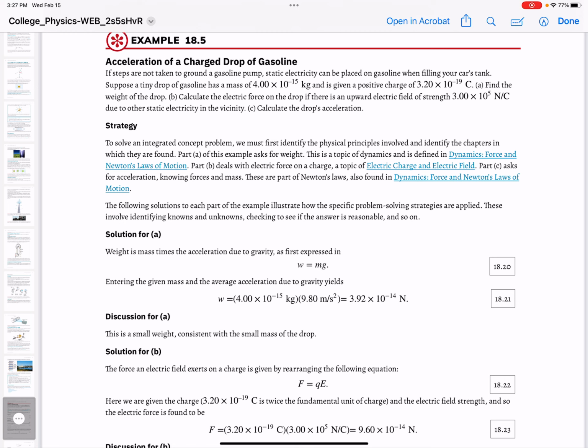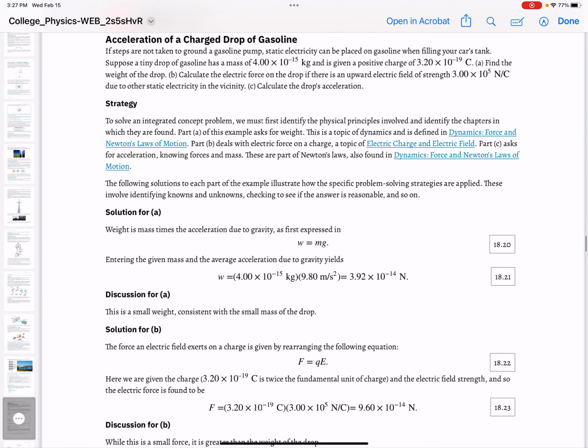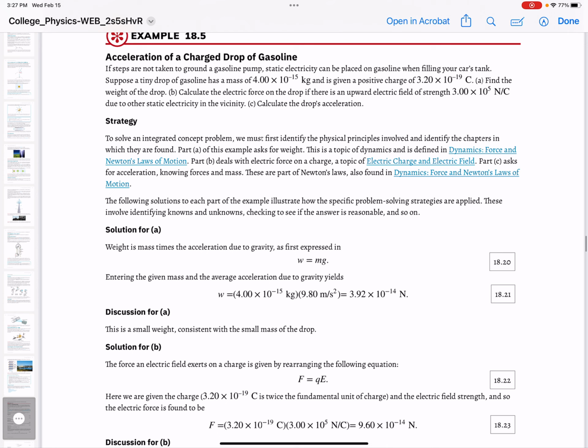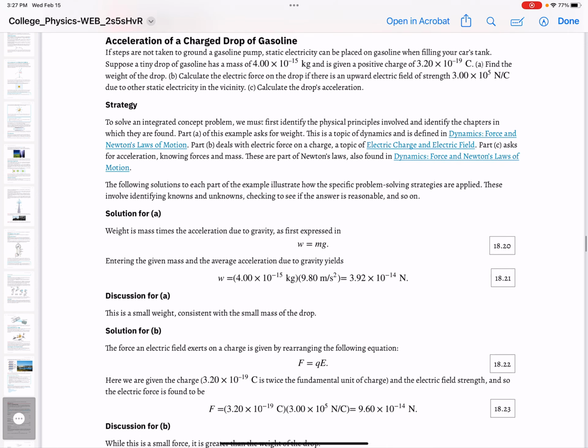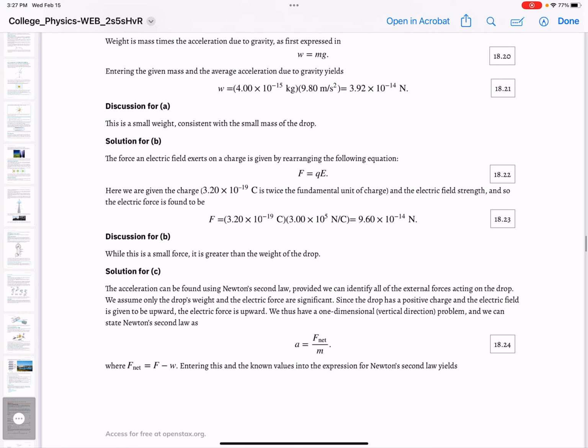That is 3.0 times 10 to the 5th newtons per coulomb. So we know what E is, and we know that the positive charge of the little droplet is 3.2 times 10 to the minus 19 coulombs. So there's our Q. All we have to do is multiply those two things together. In 18.23, you'll see that we get 9.6 times 10 to the minus 14 newtons.